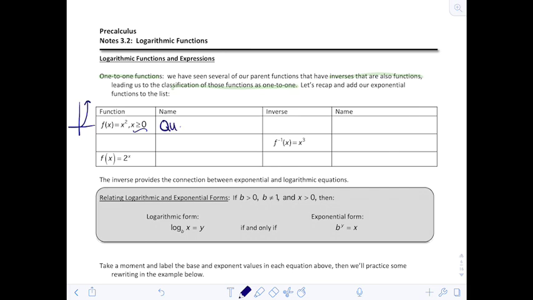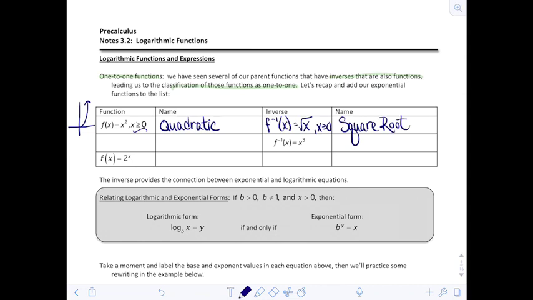So a quadratic, when restricted, can be one-to-one. The inverse of a quadratic would be the square root function, the square root of x. And again, we put that restriction on it. X has to be strictly greater than or equal to 0. And as I said, this is the square root function.